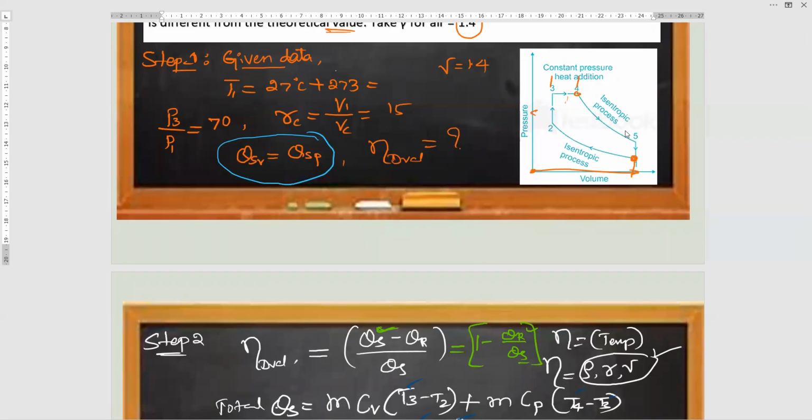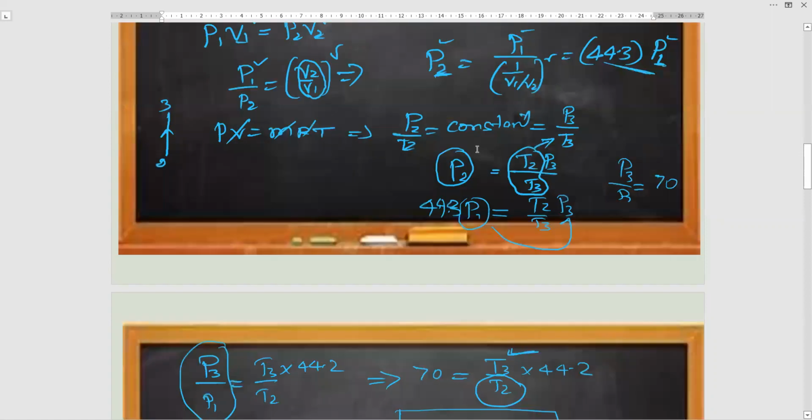That equation I can write now. You know the equation: T4 by T5 is equal to (V5 by V4) to the power of gamma minus 1. Here T4 was already calculated, the only unknown is T5. But do you know V5 and V4? That is challenging. Okay, I will write that expression once again here.